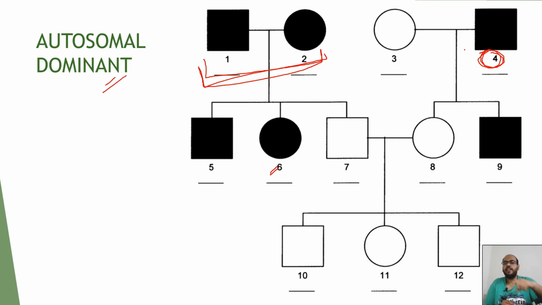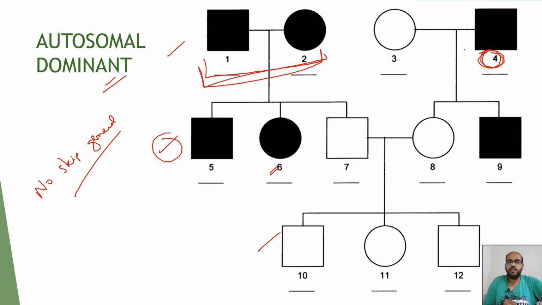And since every affected patient will have at least one affected parent, there will be no skip generations. What do we mean by skip generation? That means the disease has affected one generation, then none of the second generation, and then one again in the third generation. So the second generation becomes the skip generation. But in autosomal dominant, since you require at least one affected parent, there is no skip generation.